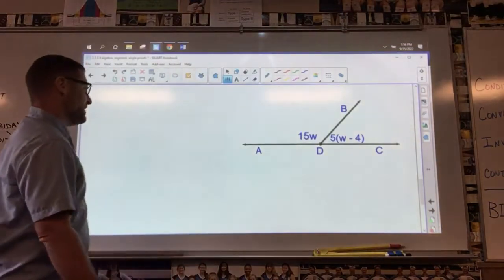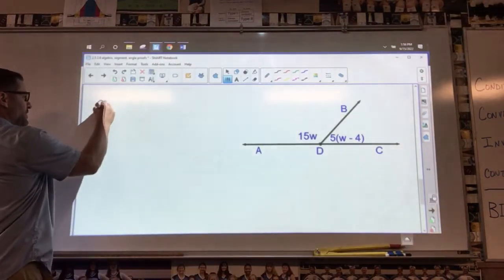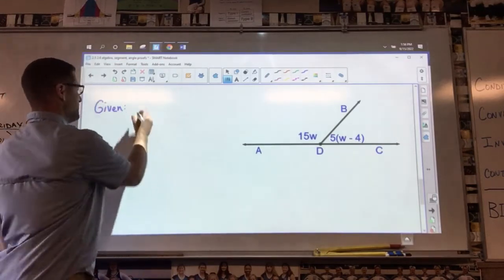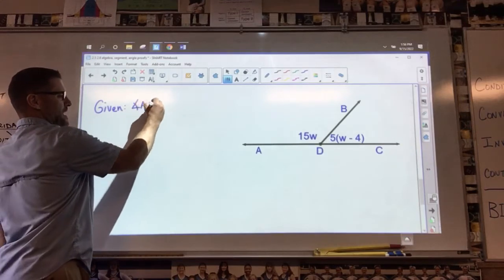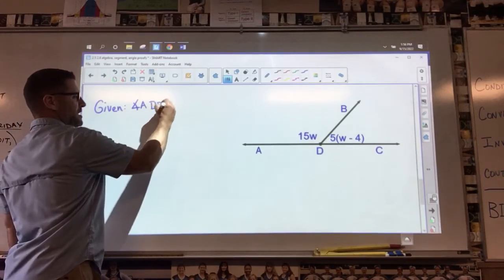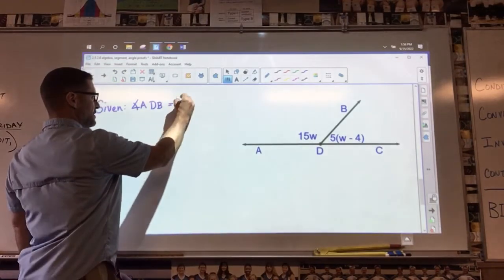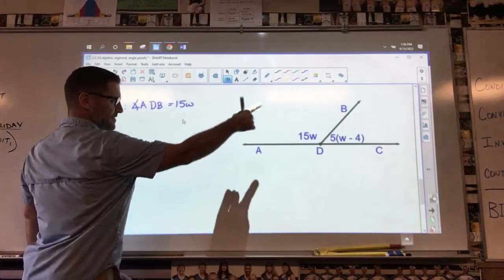Okay, assuming that you've done that, what I would have put up here on the given, I would have said that angle ADB is equal to 15W. That's given to me in the picture.